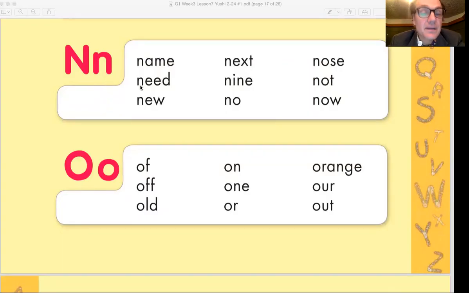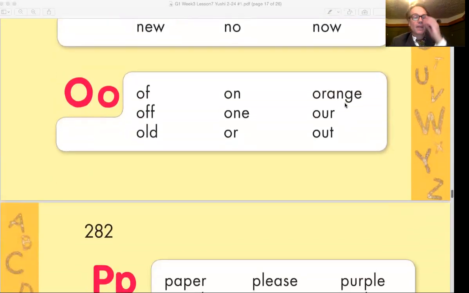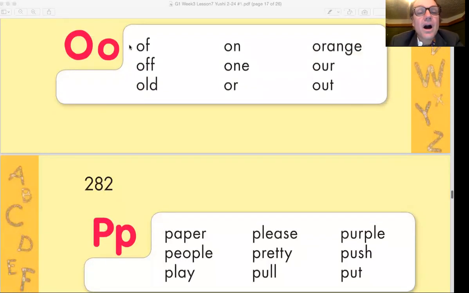Name, need, new, next, nine, no, knows, not, now. And O's: of, off, old, on, one, or, orange, hour, out.